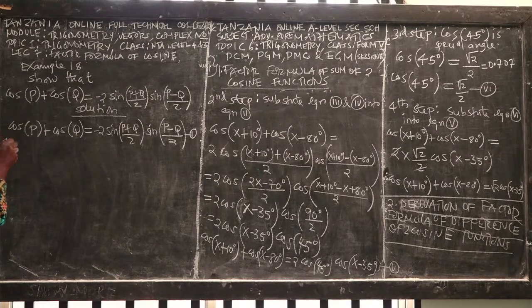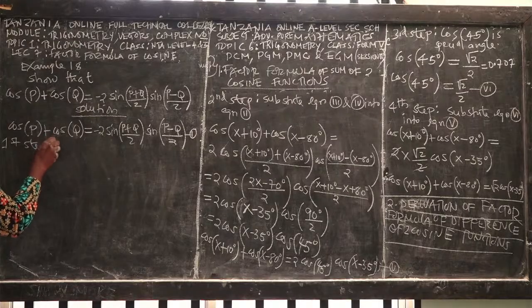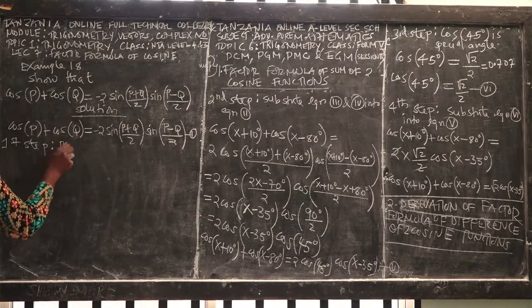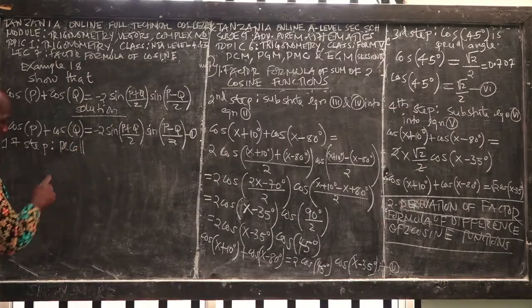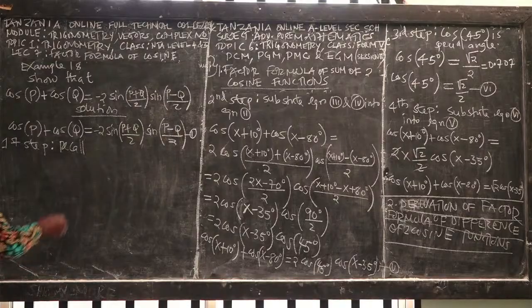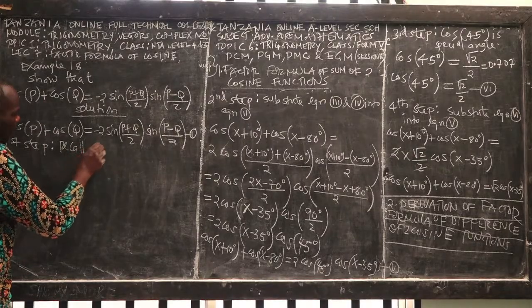Twende kwenye hatua ya kwanza. First step always, when you want to prove or to show a factor formula, you have to recall the first concept. I'm teaching you this concept first time.